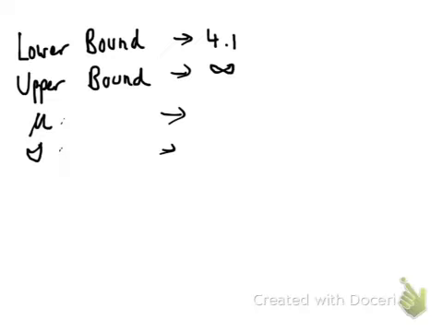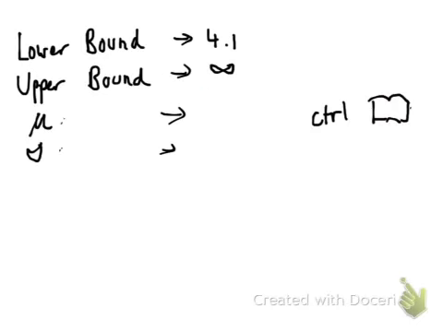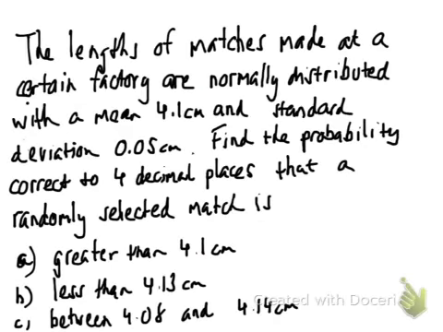To get infinity, there's a menu: press Control and then the little book button that we've been using lately, and you'll see infinities in there. The mean is 4.1, right in the middle, and the standard deviation, back to the question, was 0.05.